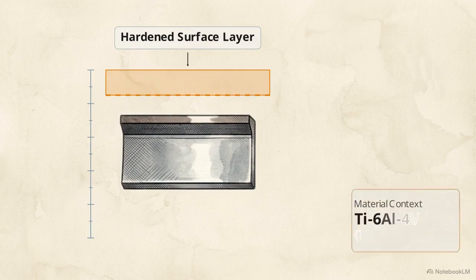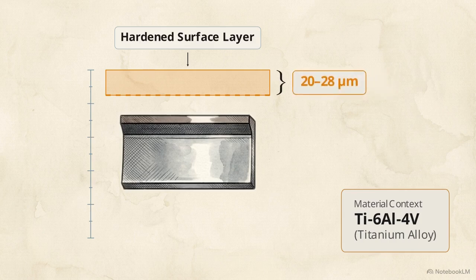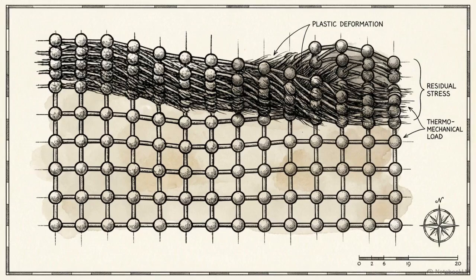In high-speed milling of titanium alloys, researchers found that tool wear dictates the depth of this damage, creating a hardened layer measuring exactly 20 to 28 micrometers thick. This intense thermomechanical load permanently distorts the molecular lattice of the metal, creating a residual stress profile.